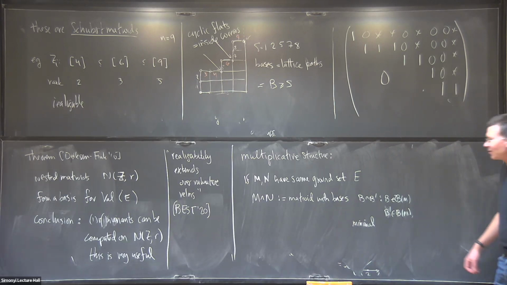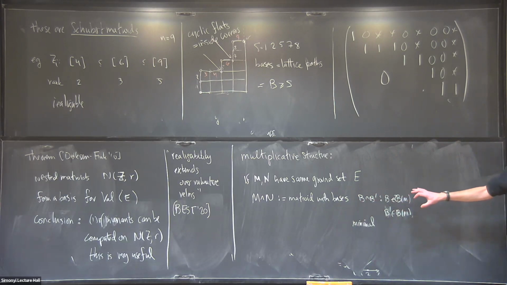Then you say, but if I intersect bases, I may not get sets that are all even of the same size, so it's obviously not a matroid.